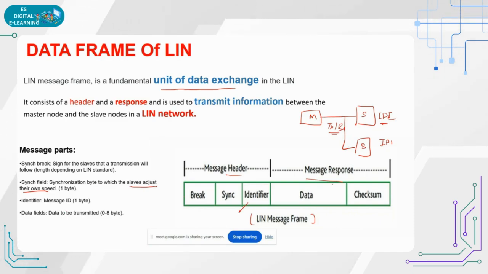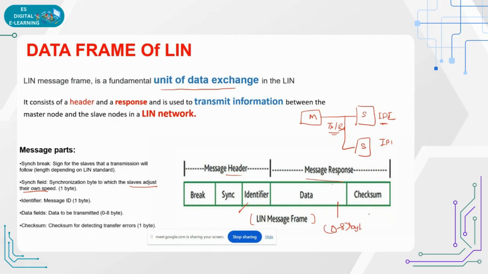In the data field, we are able to transfer 0 to 8 bytes of data at a time. And the checksum is used for error checking, to see whether we have a valid message or an invalid message, so we check that in the checksum. So this is just an overview you need to give in an interview. Okay. So is it clear?